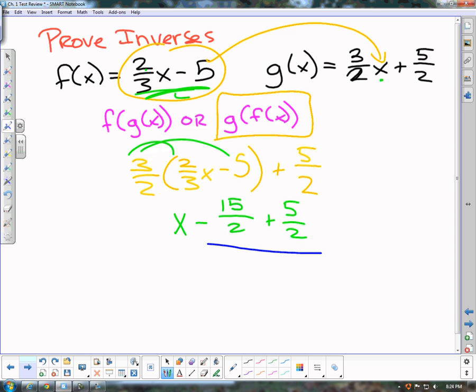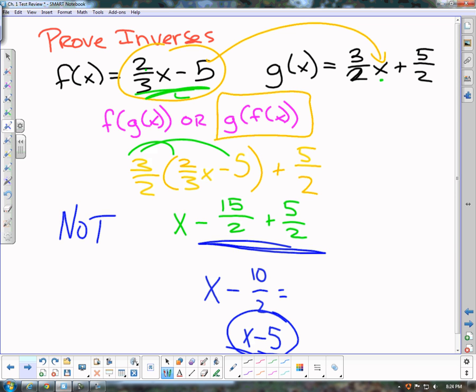This does not turn into 0, so you're going to have x minus 10 over 2, which is x minus 5. And since there is an attachment to the x, they are not inverses.